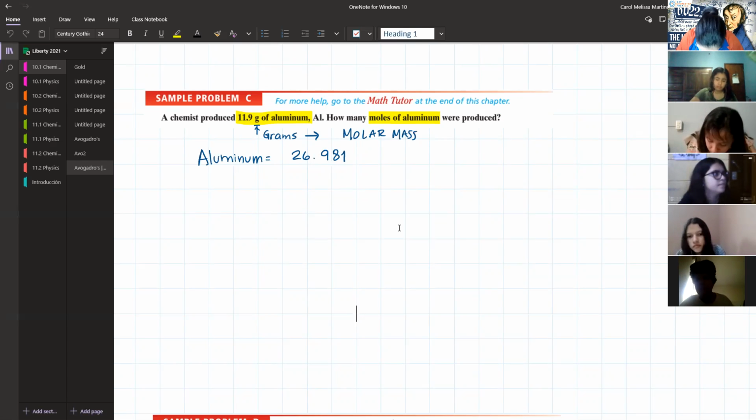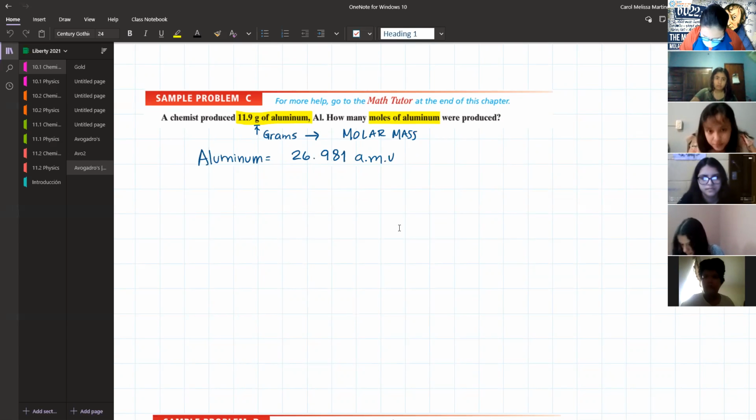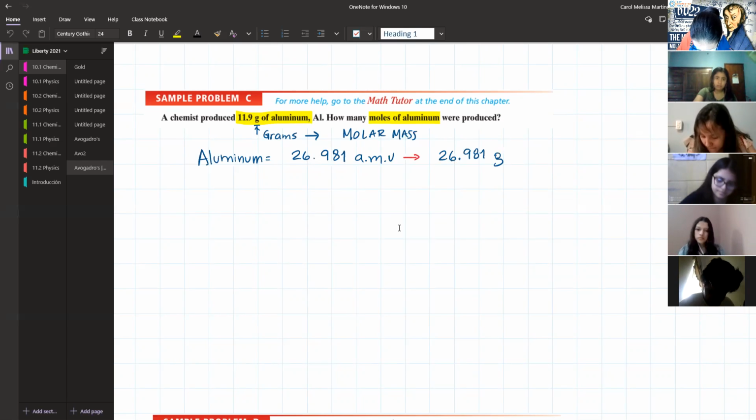26.981 AMU. So the first step is to get rid of the AMU by using grams per mole. So the molar mass is going to be 26.981 grams over mole.